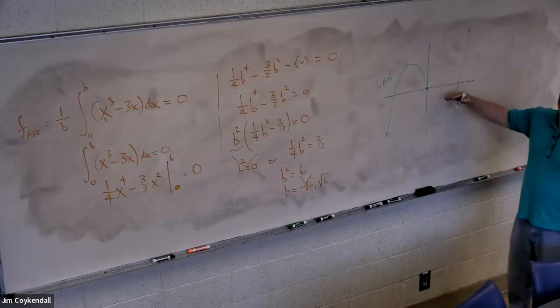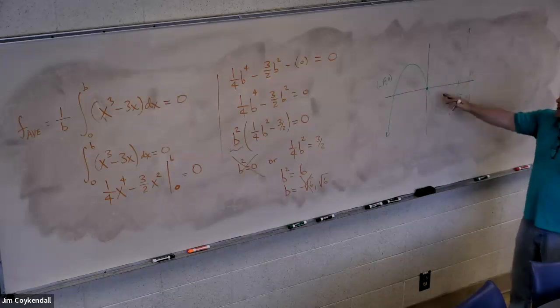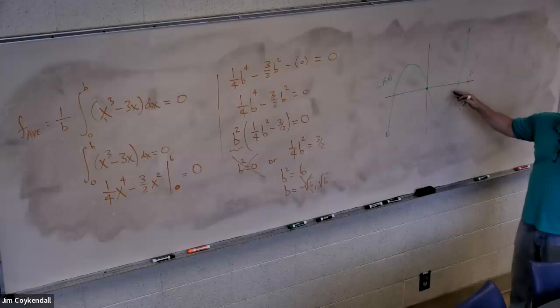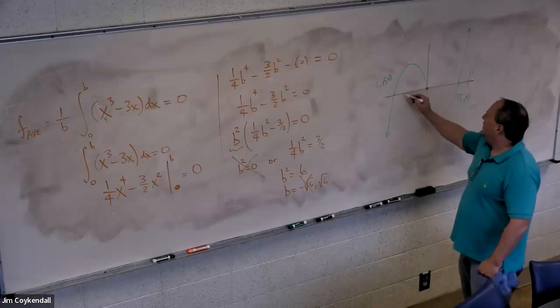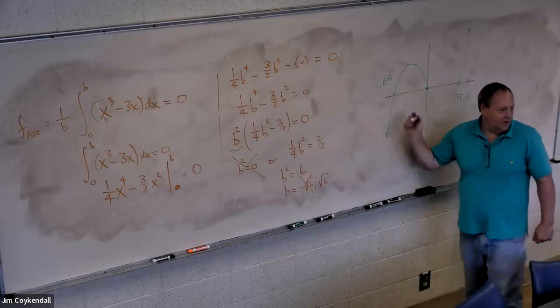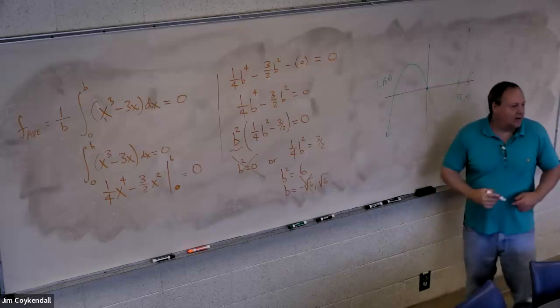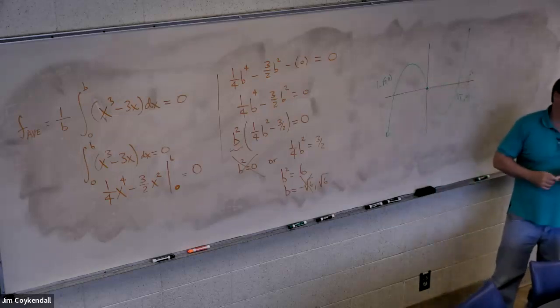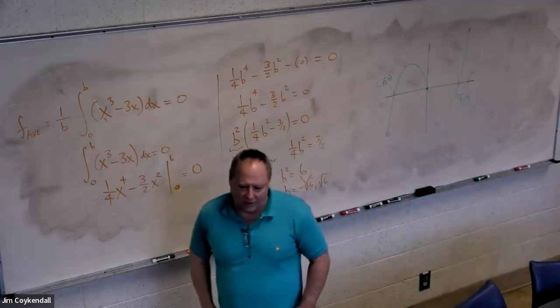Because everything's under the curve, right? You actually have to go out to radical 6, wherever that is, to get a positive area to cancel that out. What do the other solutions come from? Well, this is going the other way, right? You're integrating backwards here. And the other solution is 0, that means you didn't integrate anywhere, right? So it sort of makes sense that I get these 3 particular solutions.